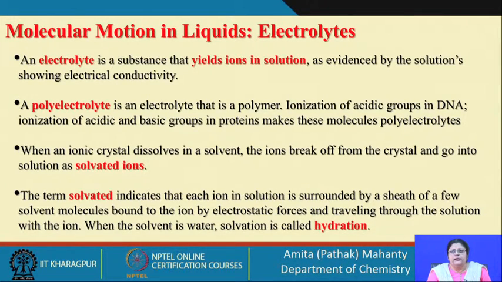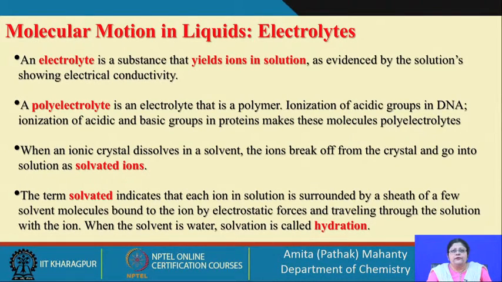They are going to ionize and give rise to ions in the solution medium. And the evidence of the ions moving is the electric current we obtain when a potential difference is applied across the solution through a two-electrode system.